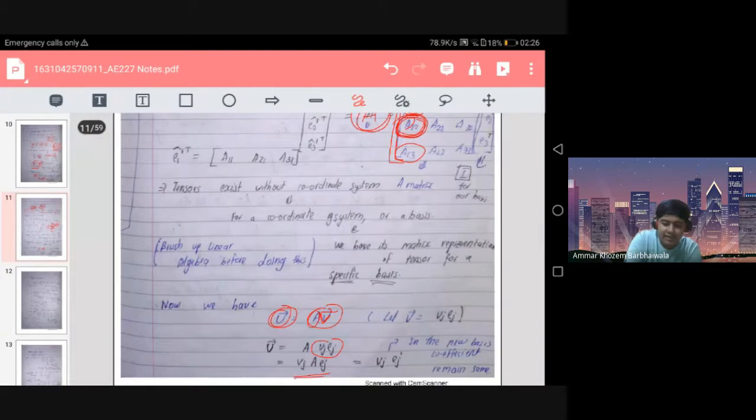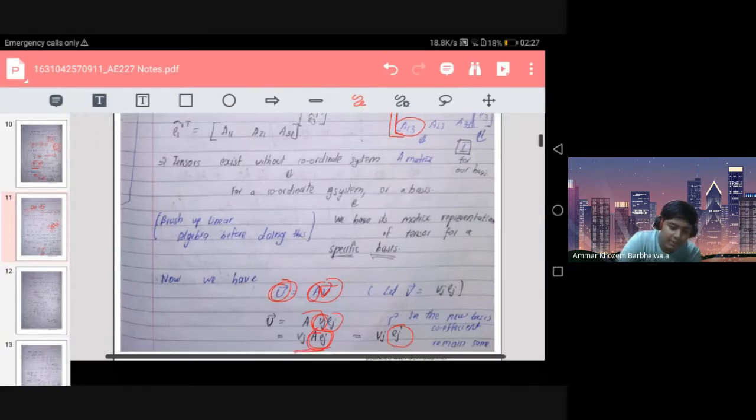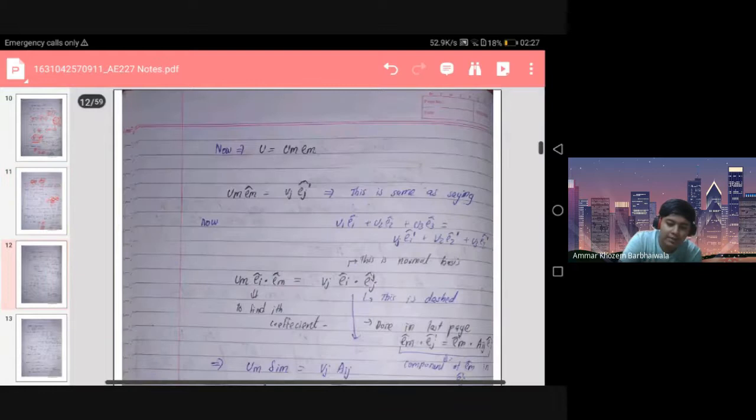We can take this vj as a constant outside, and we can apply the transformation on each of these ej's, right? So each of our original basis vectors is transformed into this ej dash.